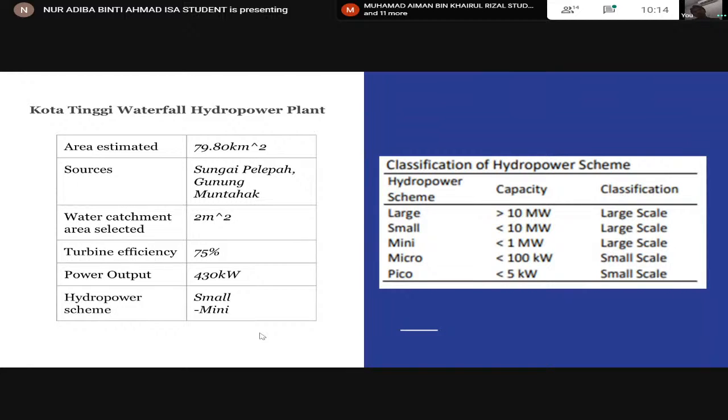Based on the power output that we estimate, the value falls under the hydropower scheme of a small hydropower, which is a mini hydropower with capacity of less than 1 megawatt. Next.